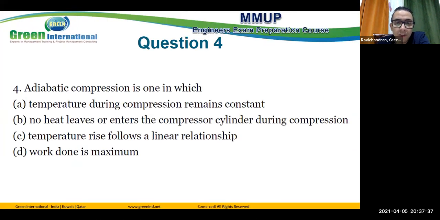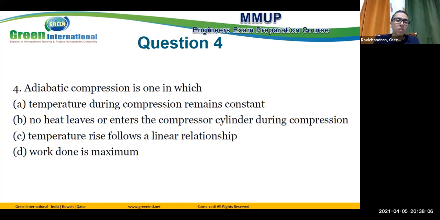Adiabatic compression, it means exactly.